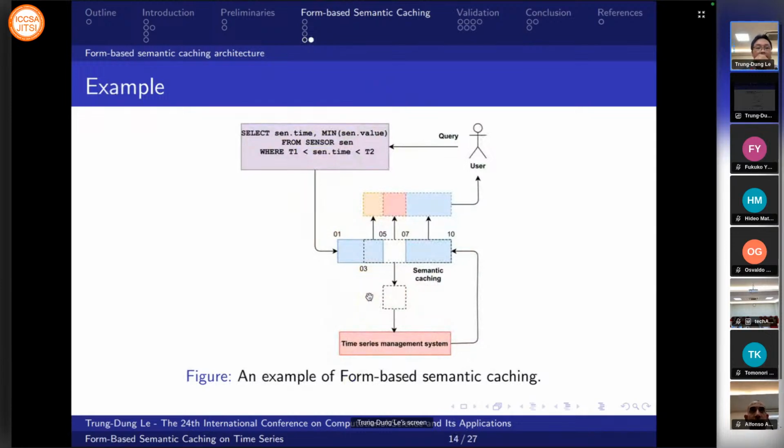Another slide is an example of our methods and architecture. The query can be: select time, mean, send.value from sensor send, where t1 is smaller than send.time, smaller than t2. By example, in semantic caching, we have the results from the first to the fifth and the seventh to the tenth of the data.